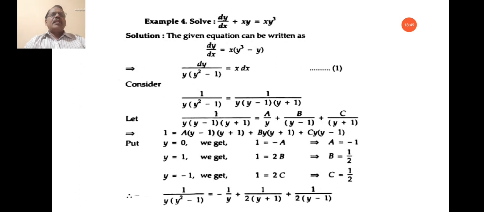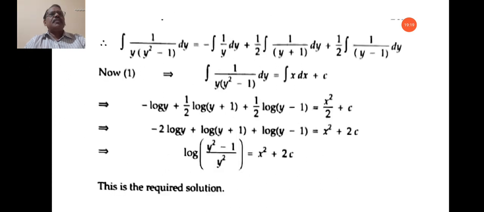And you write that term as a by y plus b by (y minus 1) plus c by (y plus 1). And you have to calculate, all students know about partial fractions. So the value of a is minus 1, value of b is 1 by 2, value of c is 1 by 2. Therefore 1 by y (y square minus 1) is equal to minus 1 by y plus 1 by 2 (y plus 1) plus 1 by 2 (y minus 1).